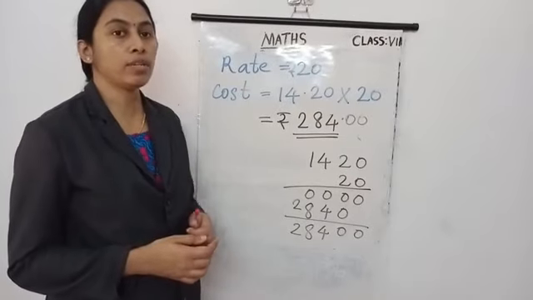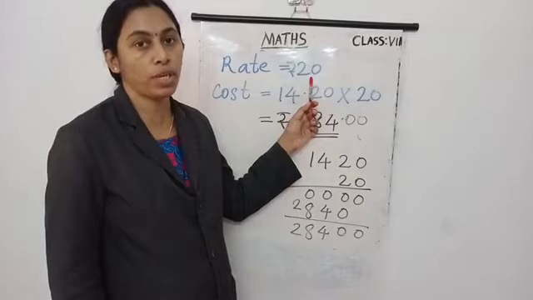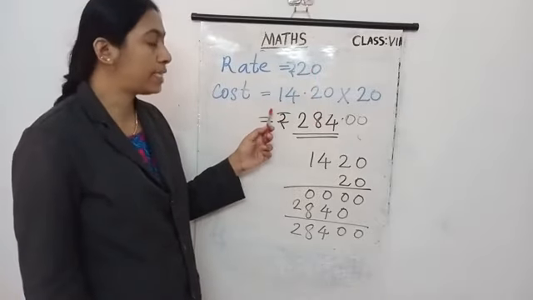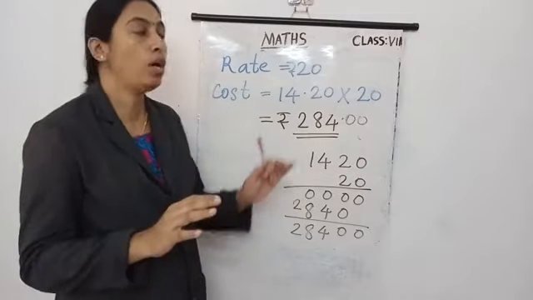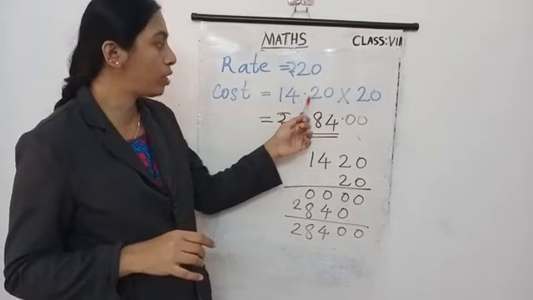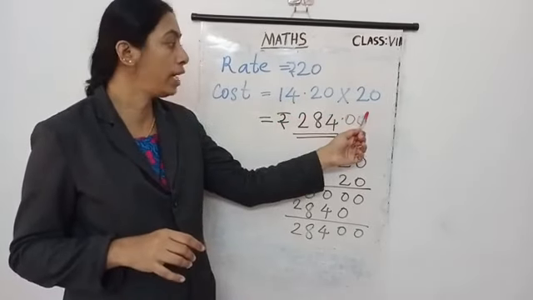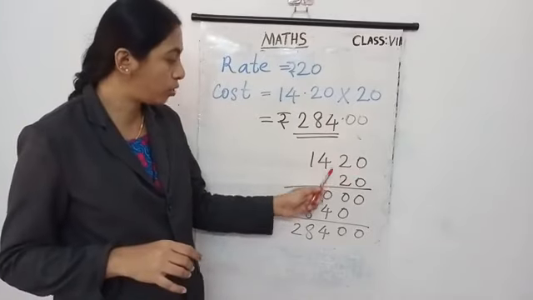So according to the question, rate per meter square is equal to rupees 20. Now total cost is equal to total area to be whitewashed into the rate per meter square. So 14.20 into 20. Now multiplication. 1420 into 20.